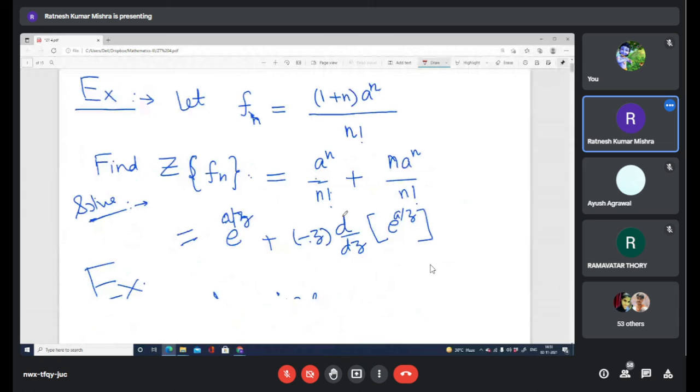So what happened? F1 minus F0. So F1 cancels, and here F2 minus F2, everything is cancelled. So now this is the term Fn and z equal to 1. So this term is only available.